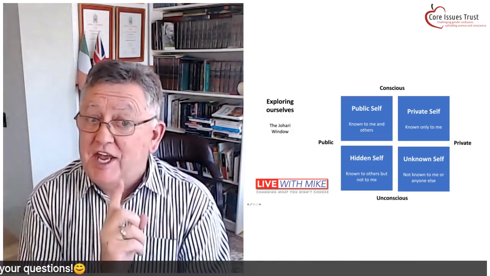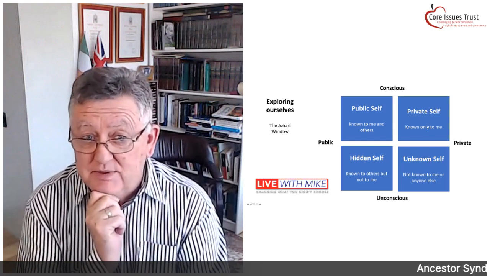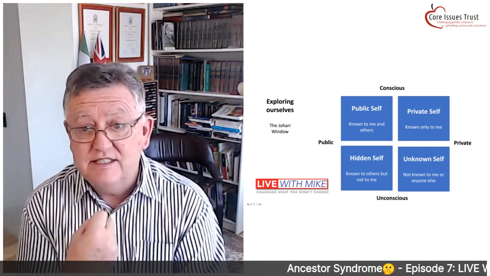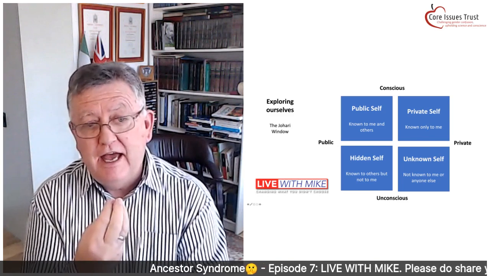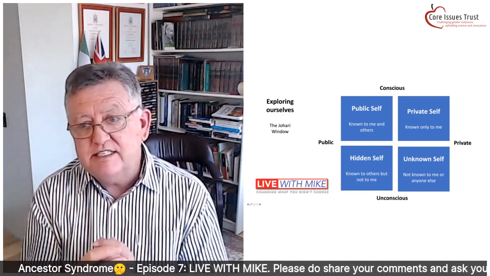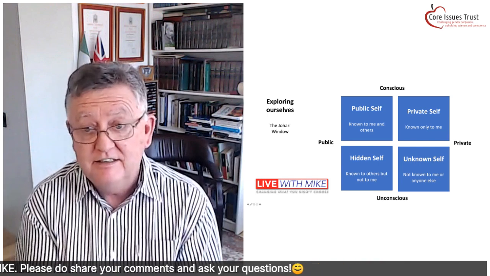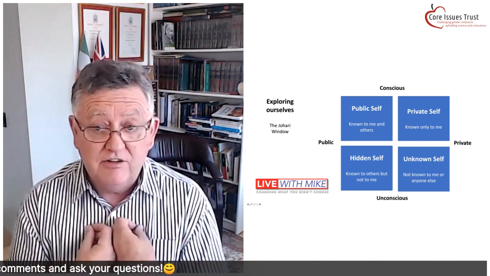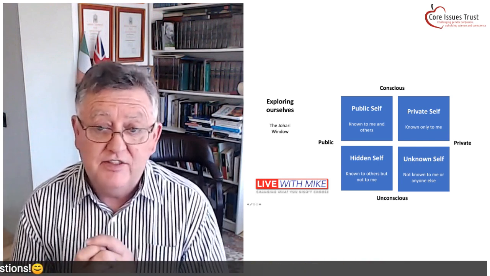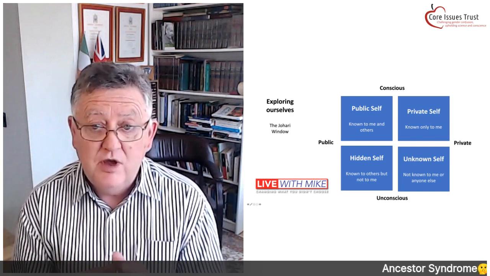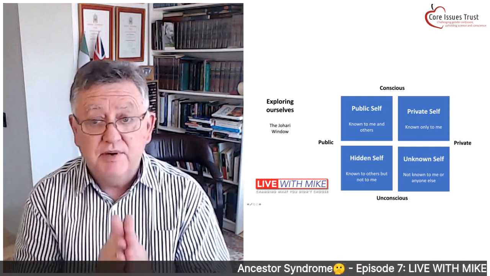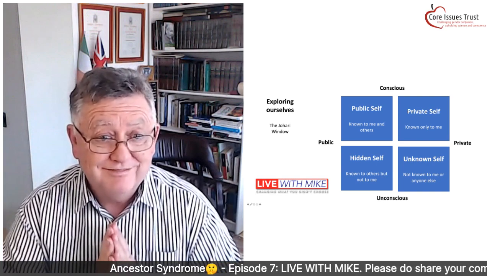But there's also an unconscious domain within my sense of being where part of myself is hidden from myself, but it's known to others. So I'm known to others, but I'm not known to me.